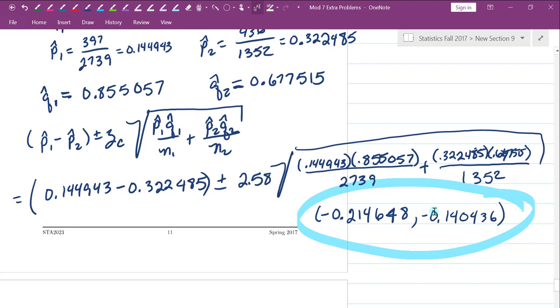We're subtracting a larger number from a smaller number, and we subtracted the men from the women. Therefore, the men have a larger proportion of thyroid disease, and the interval does not contain 0. So we can conclude that men who survived the atom bomb have a higher rate of thyroid disease compared to women who survived the atom bomb.